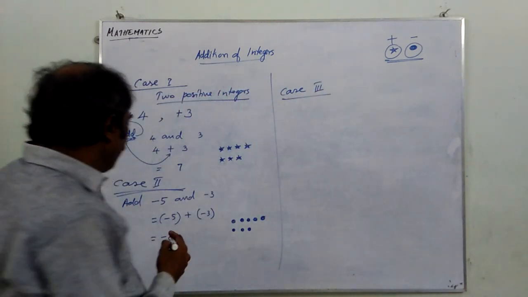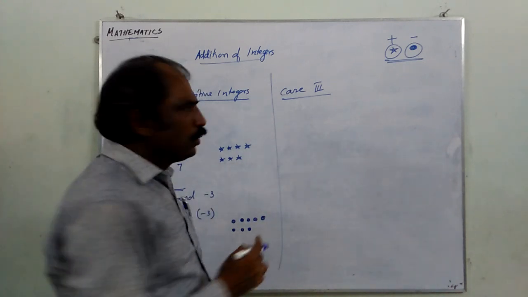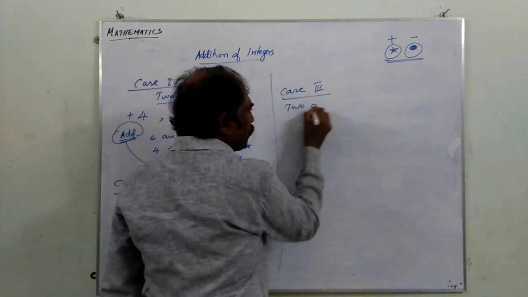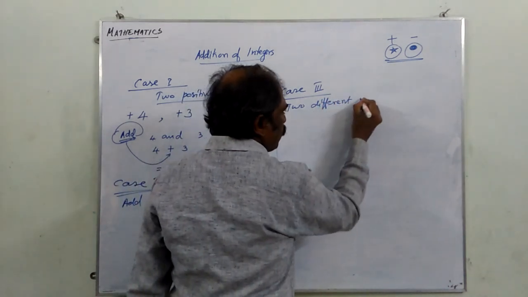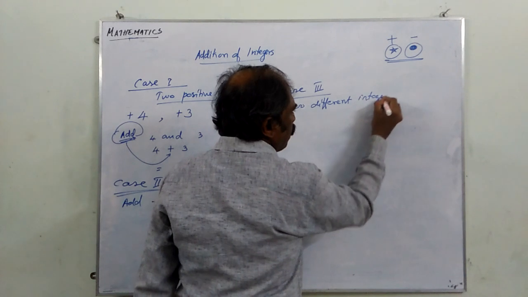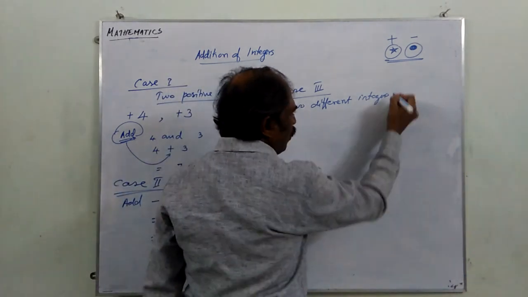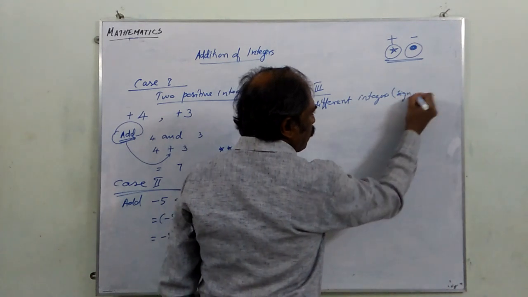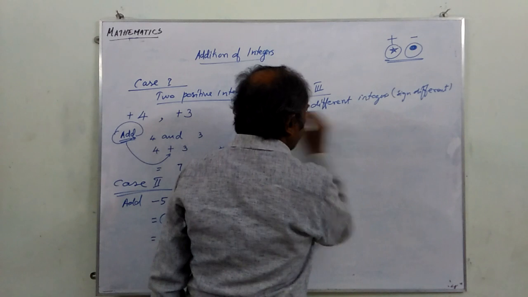for a negative and positive, or positive and negative. Two different integers of different sign.